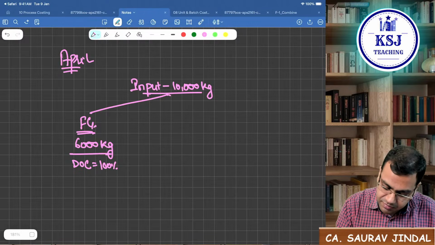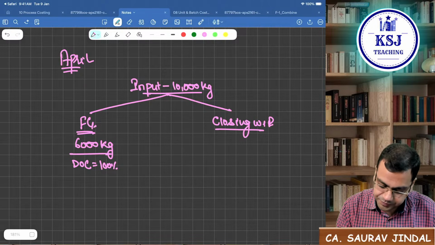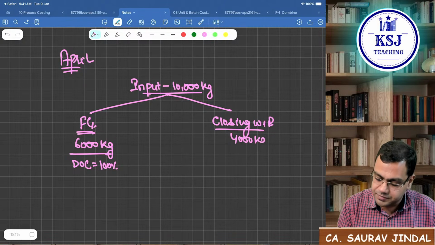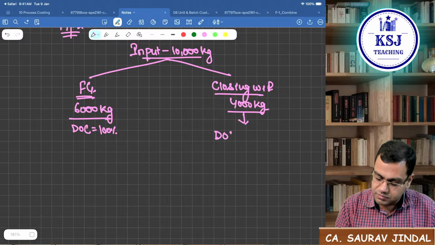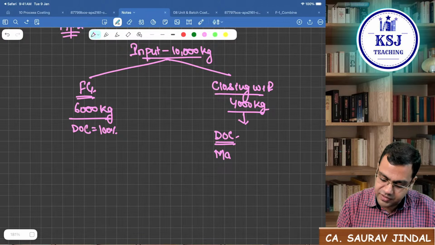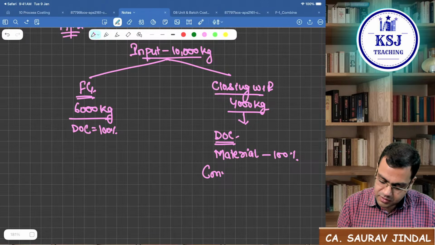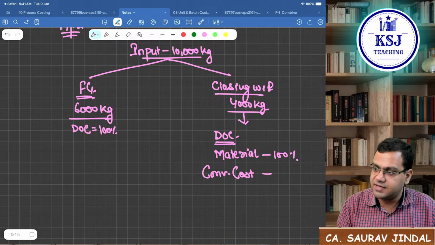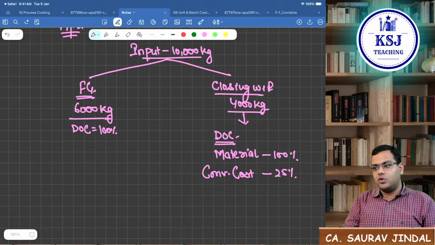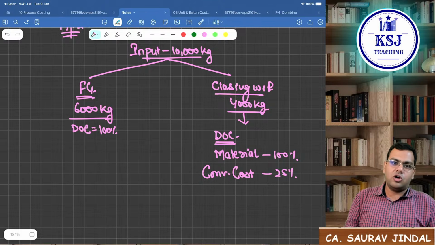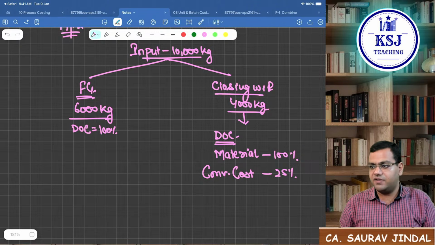Another set is my closing WIP of 4,000 kg, for which the degree of completion for material is 100% and conversion cost is 25%. On these 4,000 units in WIP, material cost is 100% incurred, whereas conversion cost is incurred to the tune of 25% only.